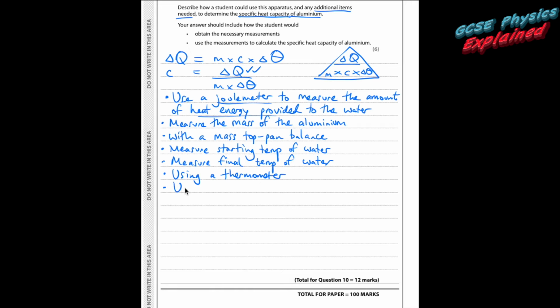Now use a stirrer to make sure the temperature is the same everywhere in the water. Then you'd need to calculate the change in temperature by doing the final temperature take away the starting temperature.